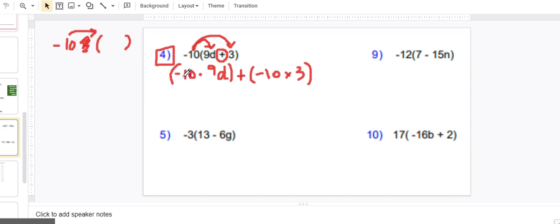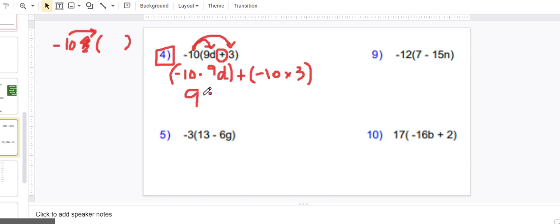What's going on there? Well, what we can do is we can essentially imagine like this 9 is just a 9 for a moment. Okay. And we're going to say, okay, well, I know that 9 times 10, also imagining like this negative sign isn't there for a moment, I know that that is 90.